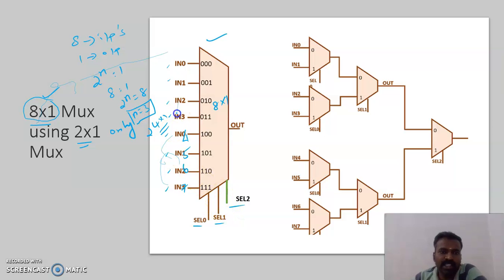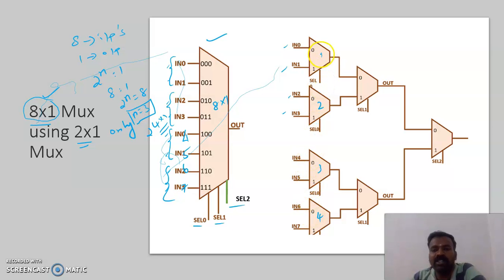Right. So first I'm going to divide. This is an 8x1, and we are going to use only 2x1 multiplexers. So first I take four multiplexers. Inputs IN0 and IN1 are taken as the inputs for multiplexer number 1, IN2 and IN3 for multiplexer number 2, and similarly multiplexer number 3 and multiplexer number 4.